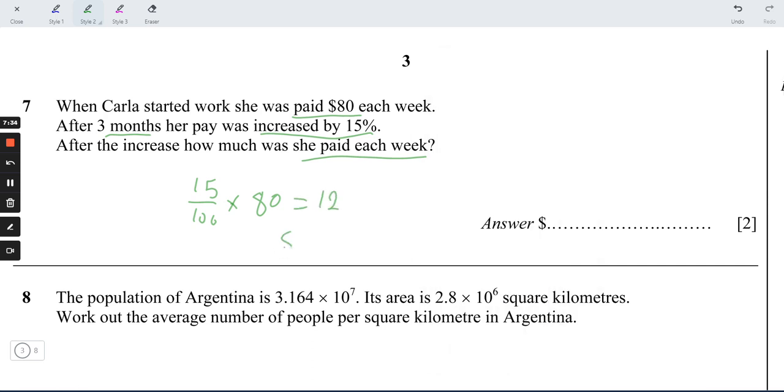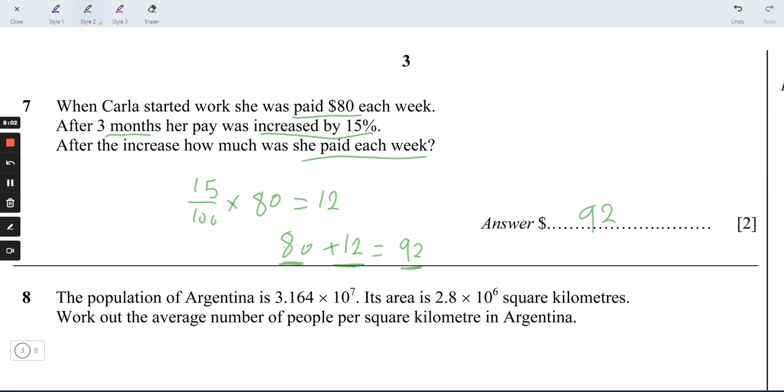Then we will add 80 plus 12, which is equal to $92. So $92 each week after the increase of 15%. We are adding $80 plus $12, we got $92.